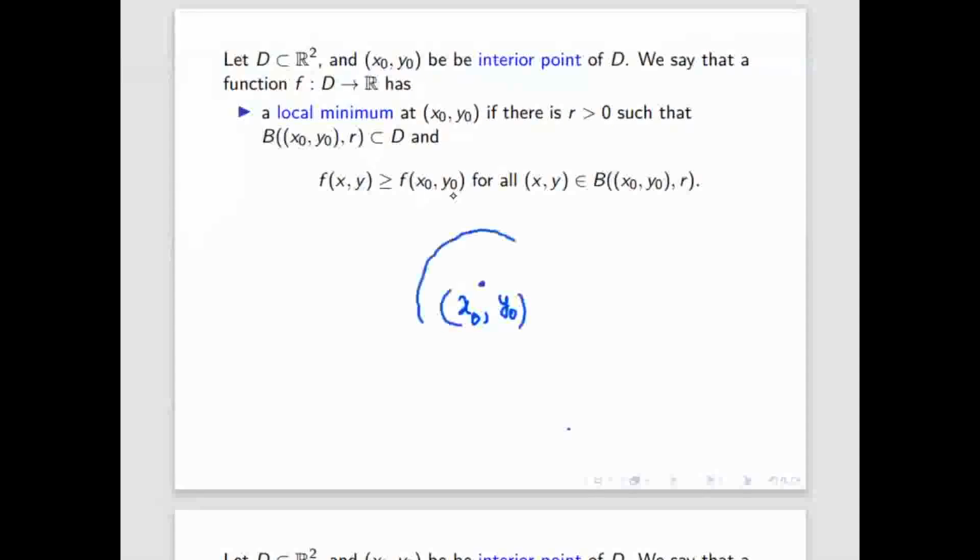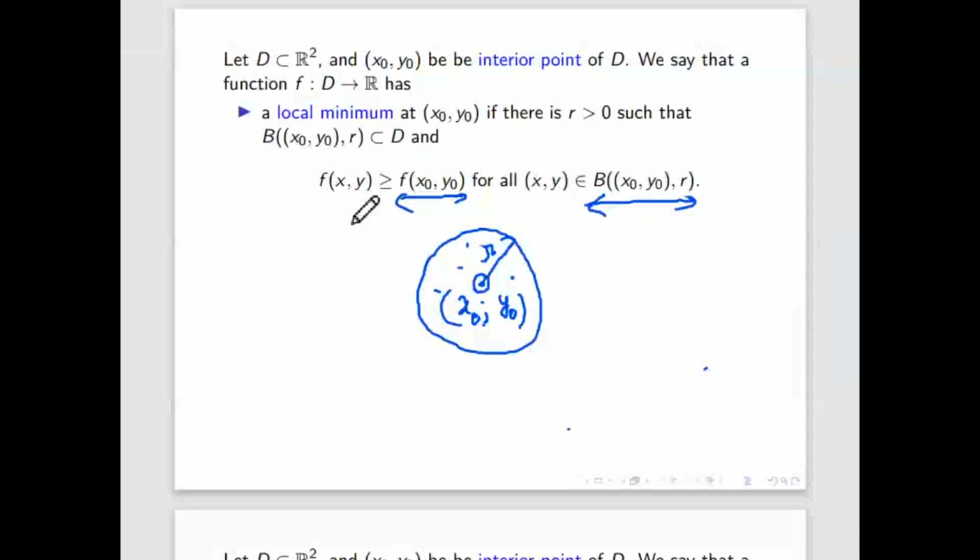If you draw a disk here of radius r, then for all points (x, y) belonging to this disk, if you calculate the value of this function, the value at the center is always less than the remaining points in that disk. Then the center takes the minimum value, and that is called a local minimum.